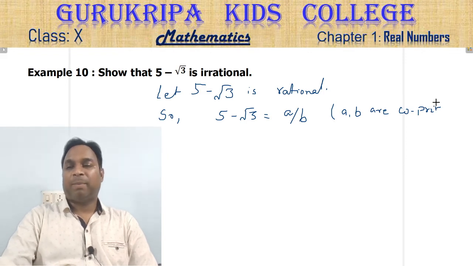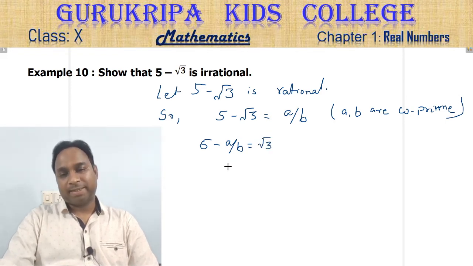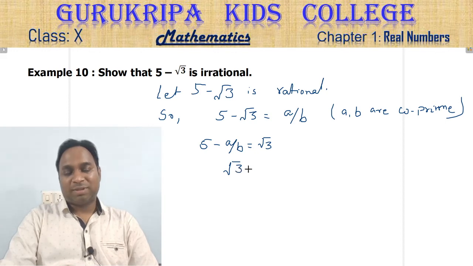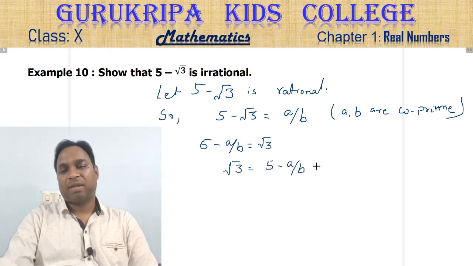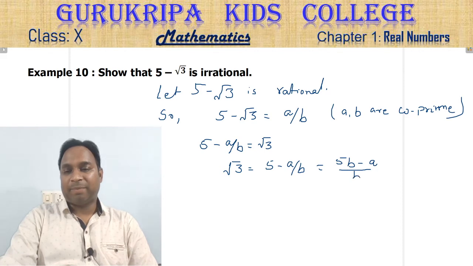There is nothing common between a and b. So what can we write? 5 minus a divided by b is equal to square root 3, isn't it? So we can also write square root 3 is equal to 5 minus a divided by b, that is equal to (5b minus a) divided by b.